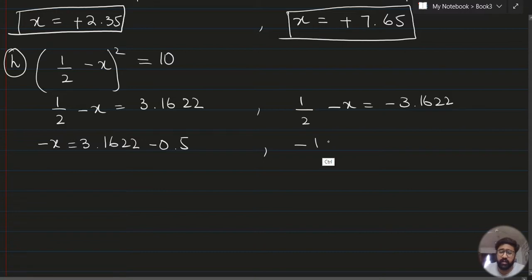Since we are going to use the calculator over here, 3.1622 plus 0.5. Oh, yes, 0.5 is going to add here. 0.5 is going to subtract here.